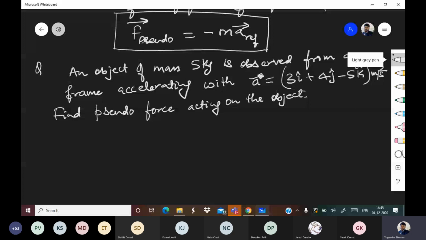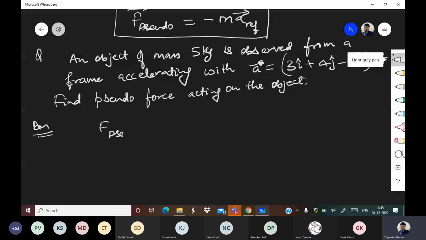So basically, F pseudo is equal to minus m into a ref. Okay, so minus is outside, m is 5, and a ref is 3i plus 4j minus 5k. So that will make minus 5 into 3, 15 i cap, minus 5 into 4, 20 j cap, plus 5 into 5, 25 k cap.